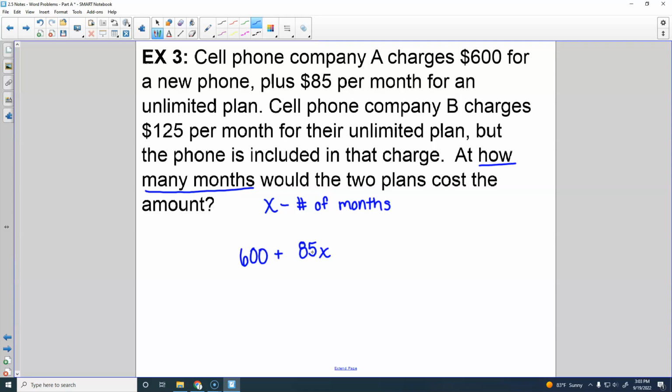But in cases like this, if you have a charge for every month, a lot of times it's going to mean to multiply. So, okay, this is cell phone company A, right?